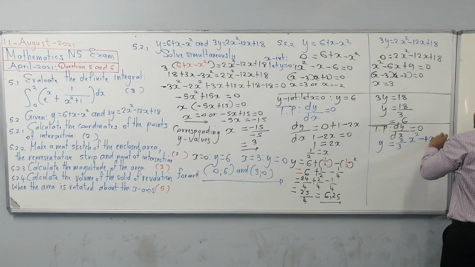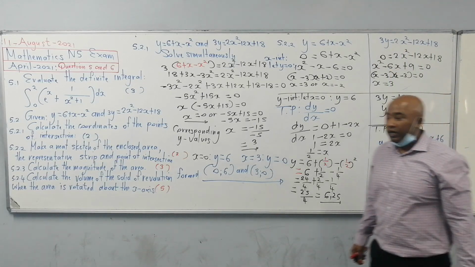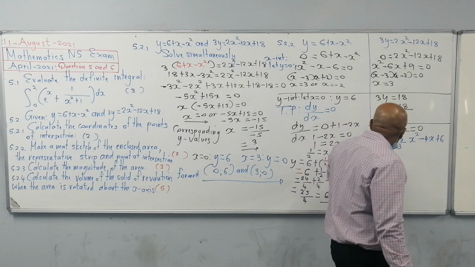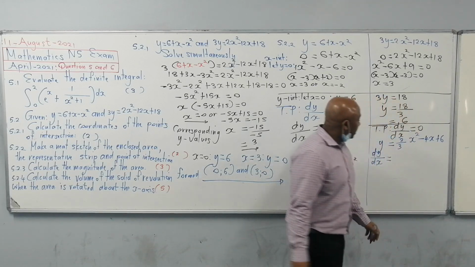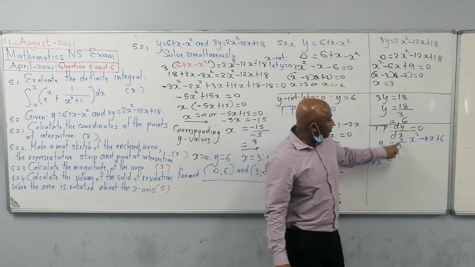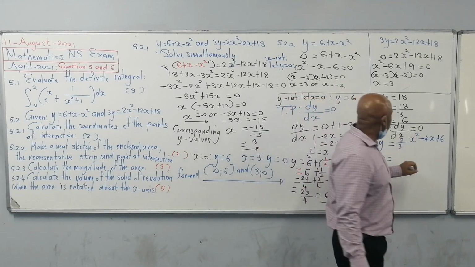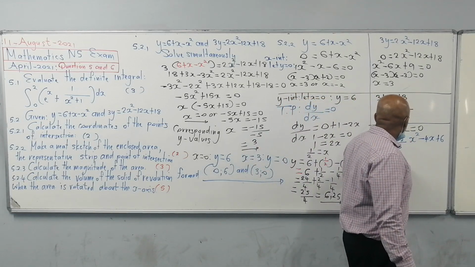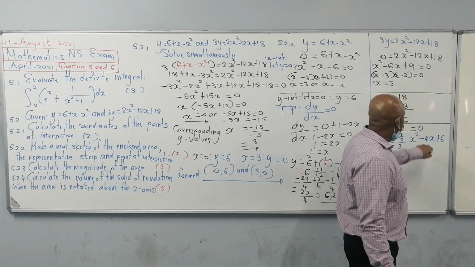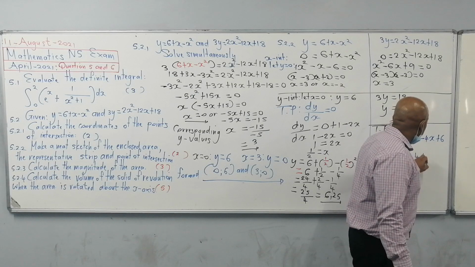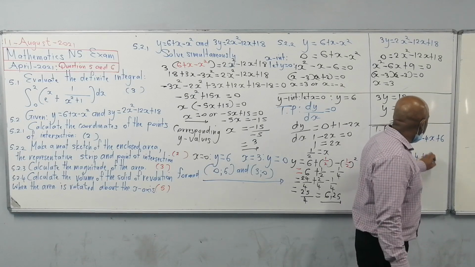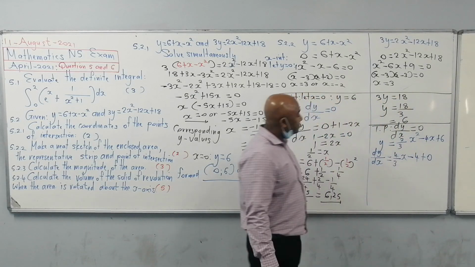So that is my y. So now dy over dx, the derivative here, is going to be 2 over 3 times 2, that will be 4 over 3 x. The derivative of minus 4x will be minus 4, and the derivative of the constant is 0.